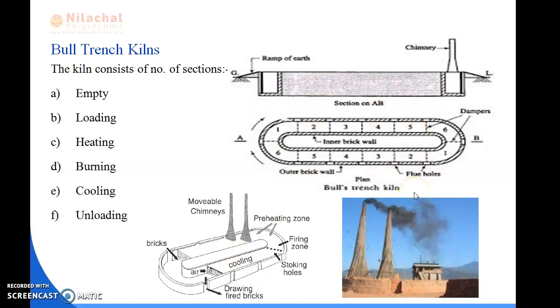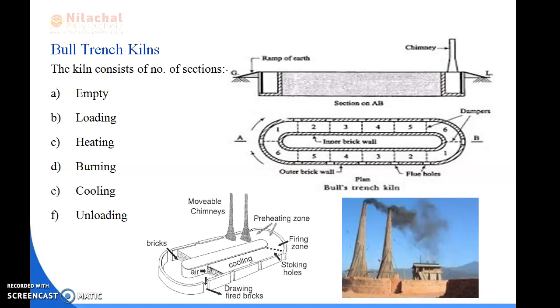In bull trench kiln, the kiln may be rectangular, or circular, or any oval shape in plan. You can see the section is rectangular, or oval, or it may be of a circular shape. Okay. So keep that in your mind for the bull trench kiln.